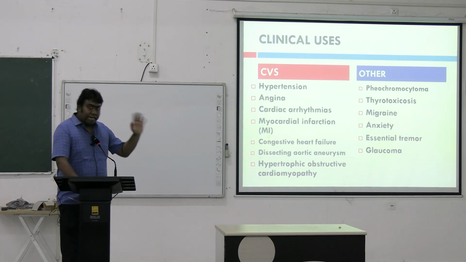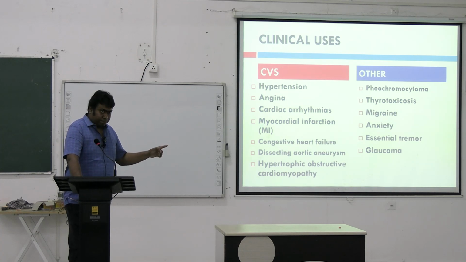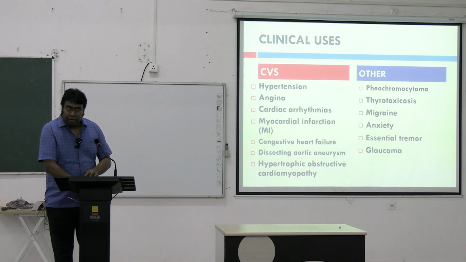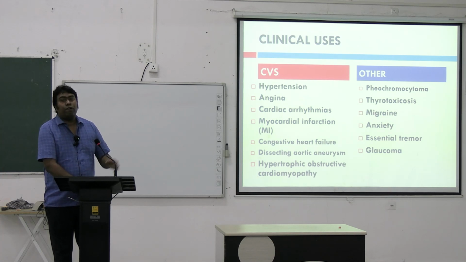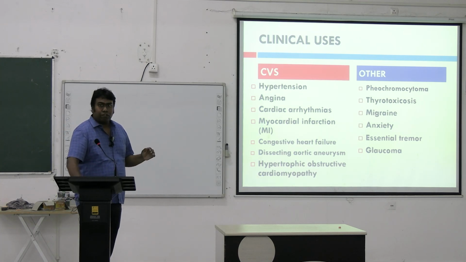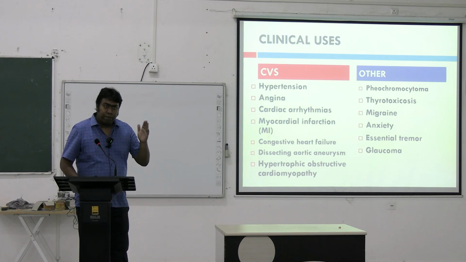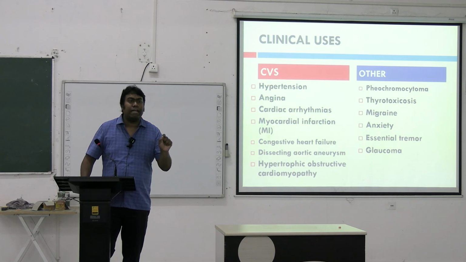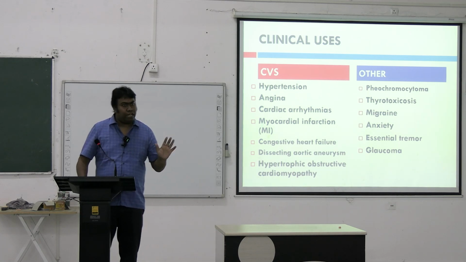ঠিক আছে? Second line drug is beta blocker. এখান থেকে একটা explain why we prefer alpha blocker or phenoxybenzamine over propranolol or over beta blocker. Explain why. Similarly, thyrotoxicosis, how is it helpful? It prevents the peripheral conversion from T4 to T3, but it has no role in the synthesis or release of T3 and T4.